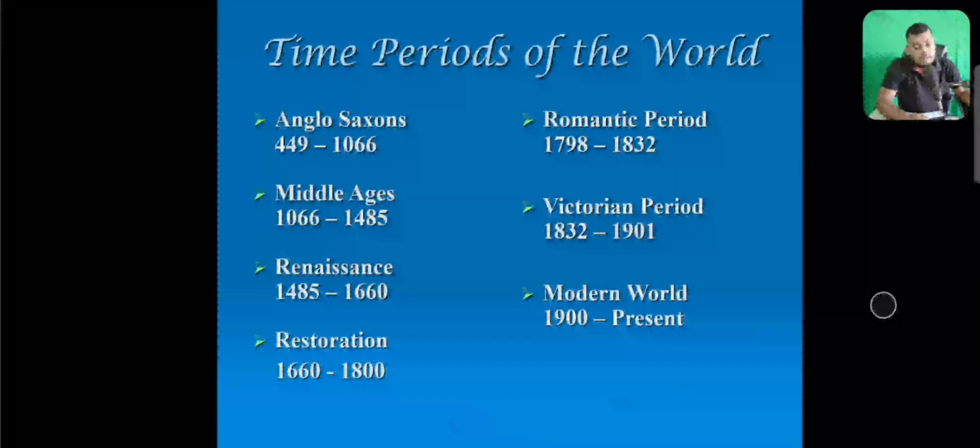This is a very vital point, to remember all these ages, the time periods of the world: Anglo-Saxon, Middle Age, Renaissance, Restoration, Romantic period, Victorian period, modern world. These are the sub-points.